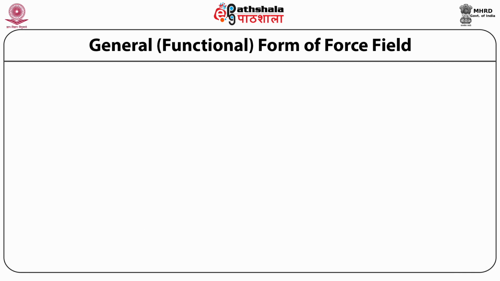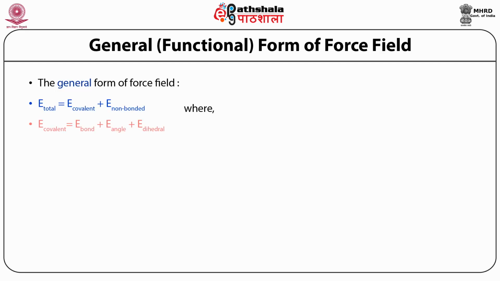Here I show you the general form of a force field. The form should contain, on the left hand side, E total, which contains the E covalent or bonded expression and non-bonded expressions. The bonded expression should include the three bonded terms and sometimes even more, which I will show you later. So, one comes from E bond, all the bonds possibly available in the system, then E angle contributed and dihedrals contributed.